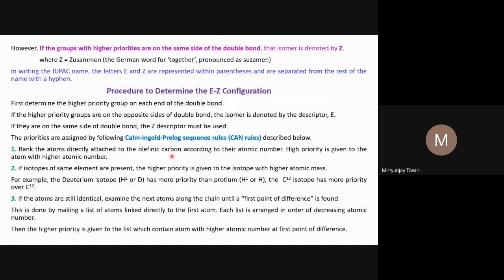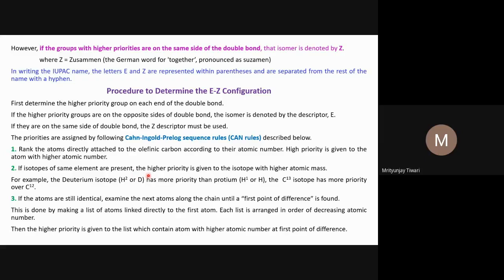Now let's see another rule. If isotopes of the same element are present, because sometimes in kinetic isotope studies we also use isotopes, then the higher priority will be given to the heavier isotope, the isotope with the higher atomic mass.